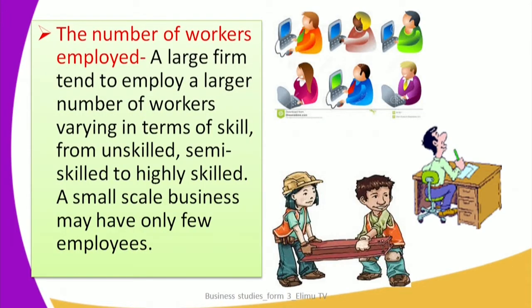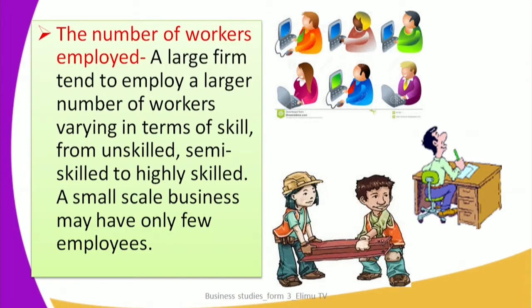The other one is the number of workers employed. And you find that a large farm tends to employ a larger number of workers, varying in terms of skill, from unskilled, semi-skilled, to the highly skilled workers. While a small farm just has only few employees.